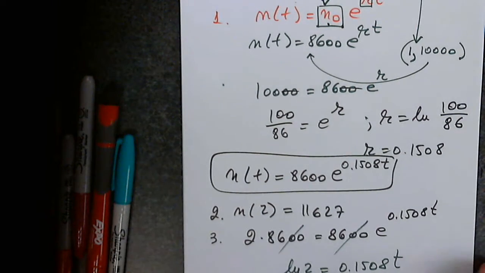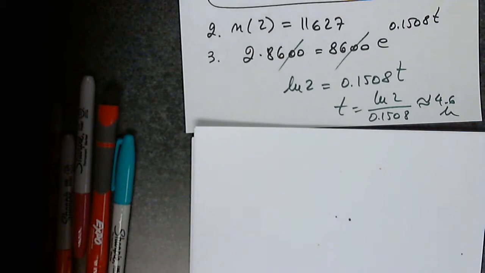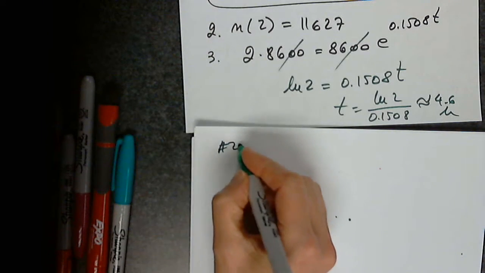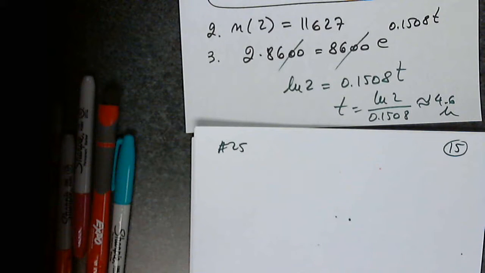Okay, so let's look at cooling the soup and then radioactive decay. This is Newton's law of cooling. A hot bowl of soup is served at a dinner party. It starts to cool according to Newton's law of cooling. As you see, it has an exponential function in it.